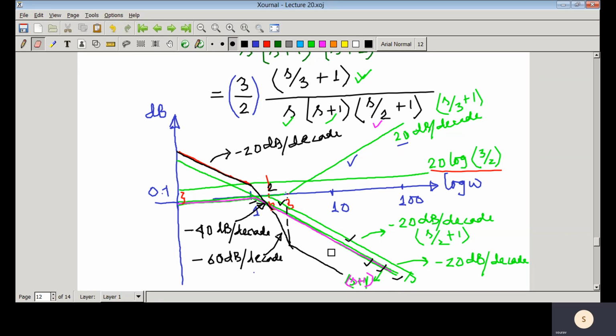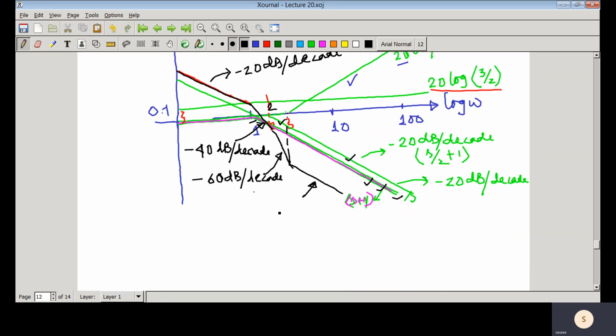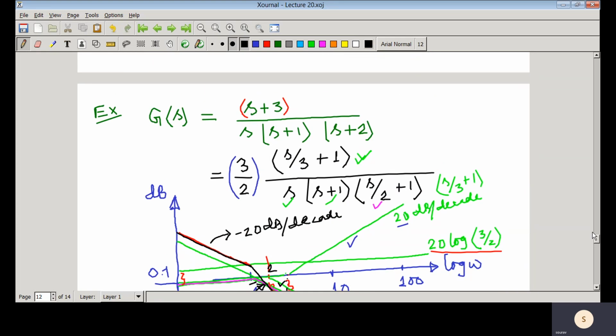So this is that asymptotic Bode plot. So here you have that -40 dB per decade. So this is that asymptotic Bode plot for this particular transfer function.